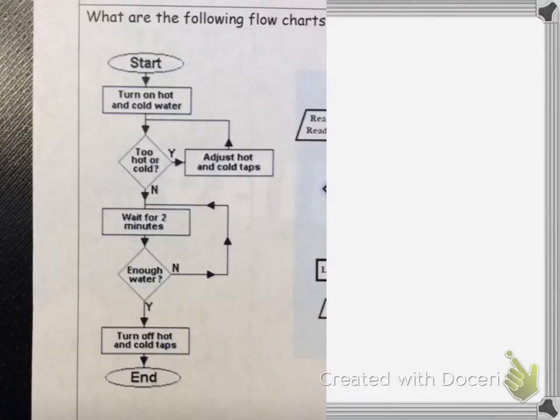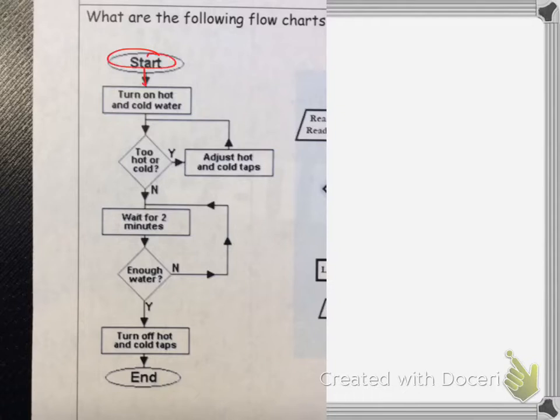All right, so what we're going to do here is look at these flowcharts and try to decide if we can tell what the flowchart is asking us to do or what it's describing. We just want to write what the flowchart is used for. So it says up here at the top, start.